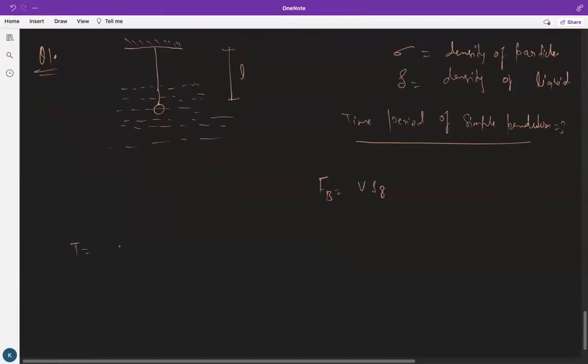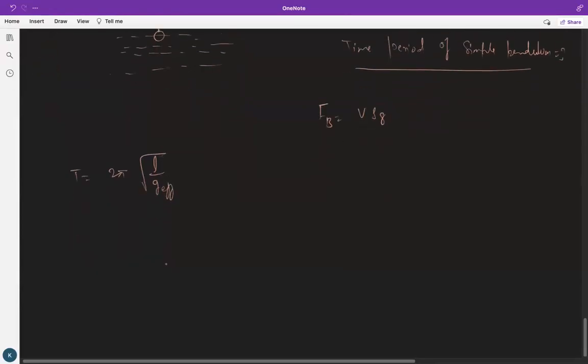We all know that our time period is 2 pi root under L by G effective. Now we have to calculate the G effective, which is root of G square plus A naught square plus 2 A naught G cos theta.